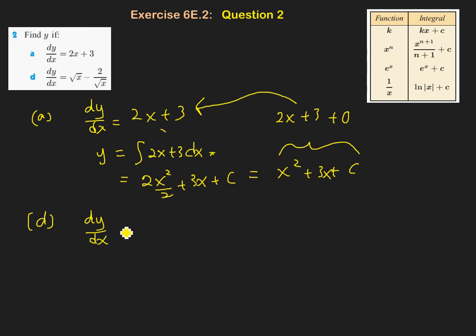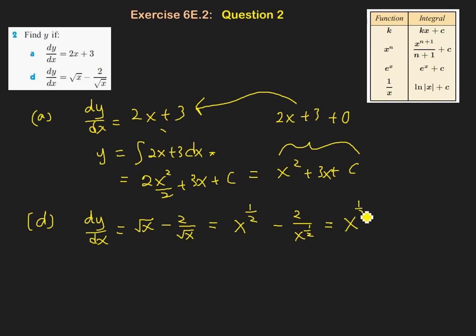To make it easier to integrate, I'm going to express them in exponential form.